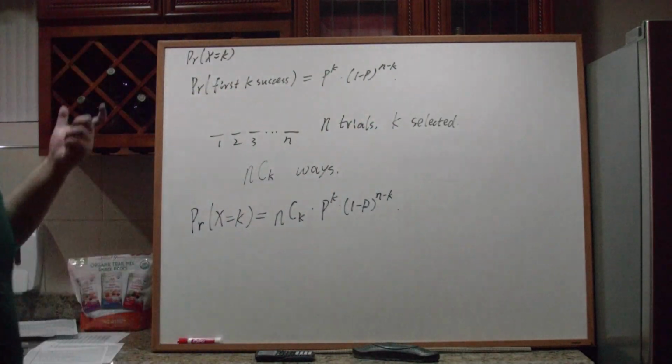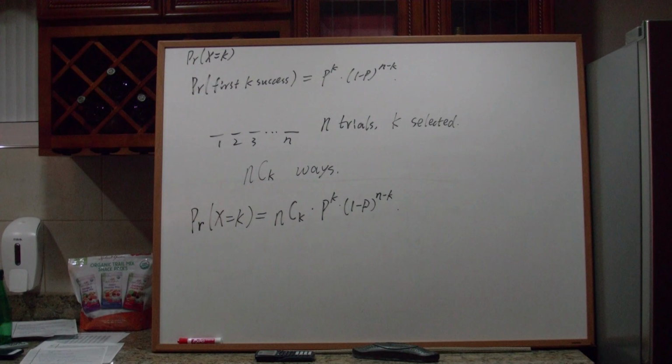That is k successes among n independent trials, which is the so-called binomial distribution, and that is the formula, depending on n and depending on k.